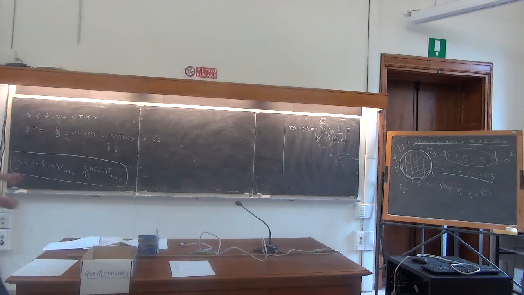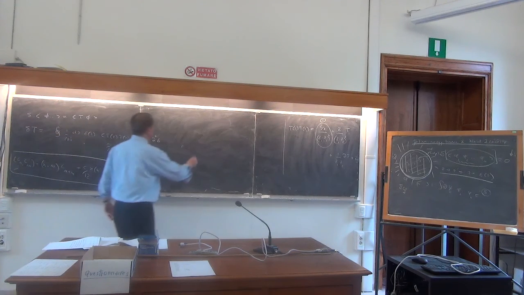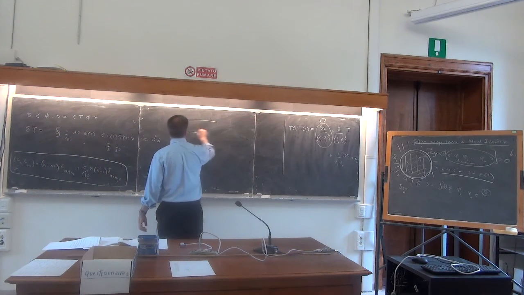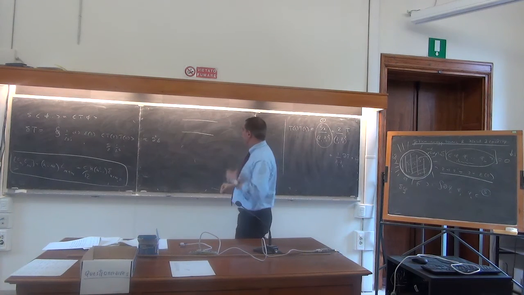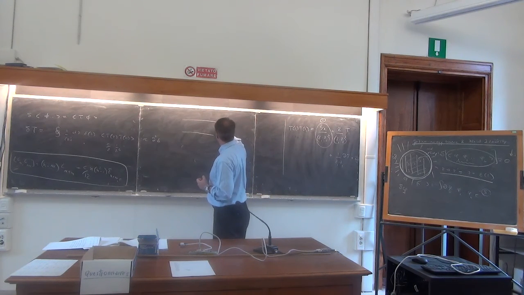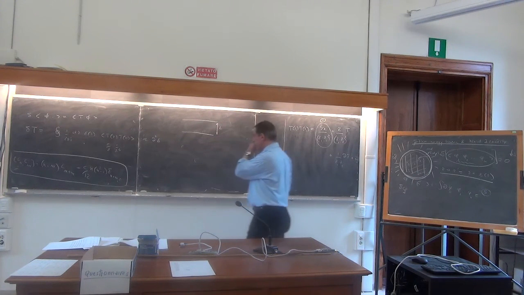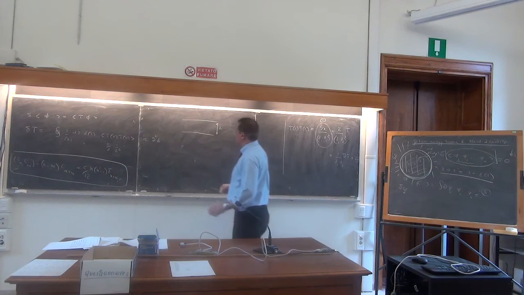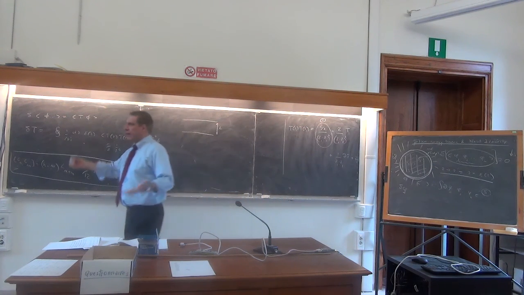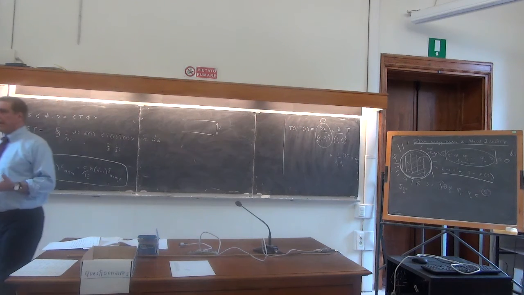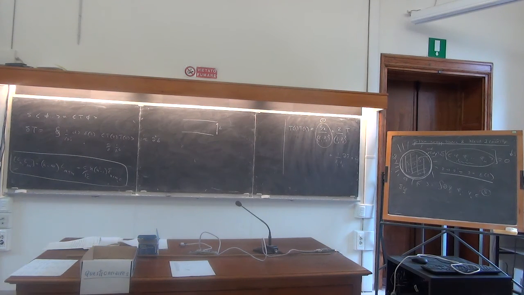Okay? Because if I use, for instance, the map from the plane to the cylinder, here, if I have normalized my stress energy tensor, whose integral is the energy, now energy is up to an additive constant.